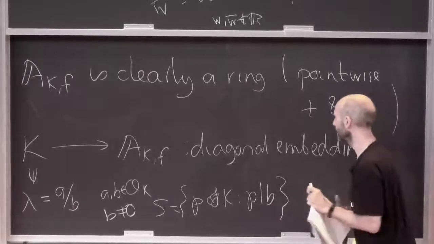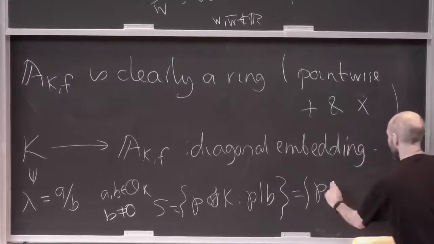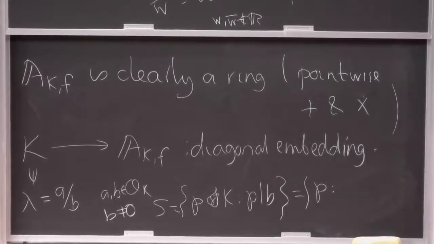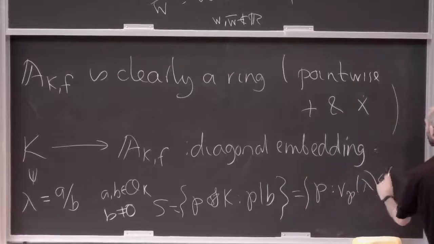These are exactly the finite places. Curly P, I'm sick of calling them finite places. If I write curly P, I mean a finite place, exactly what I've used curly P for the entire course. S is the set of P of K such that P divides B, which equals the set of P such that the p-adic valuation of lambda is less than 0.